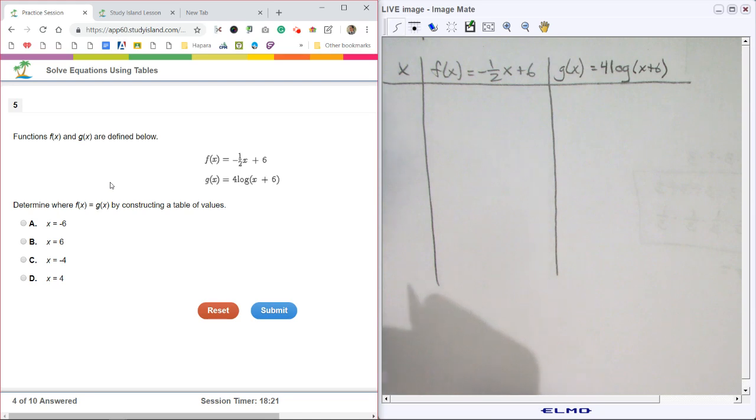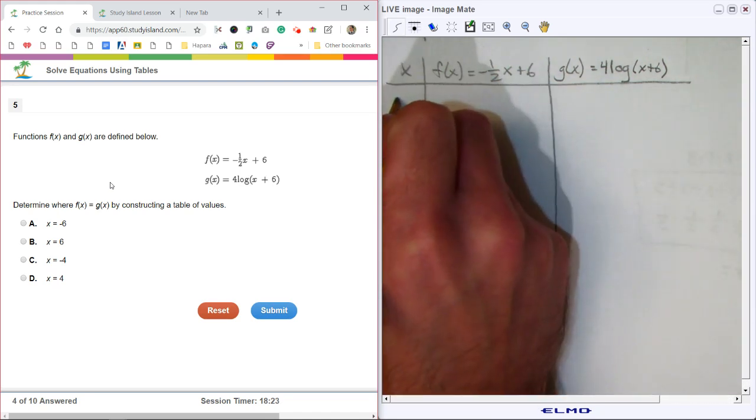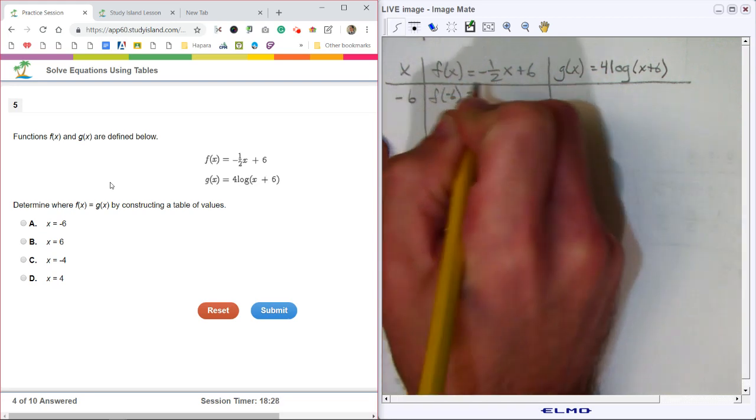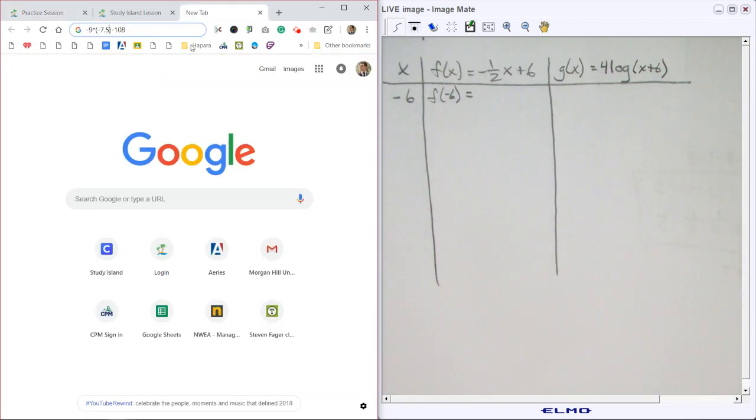All right, and we have some values to put in. So we can start with negative 6. F of negative 6 is equal to, let's go ahead and punch this into a calculator. We have negative 1/2 times negative 6 and then plus 6.